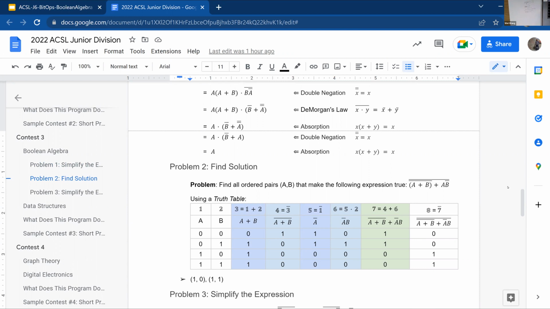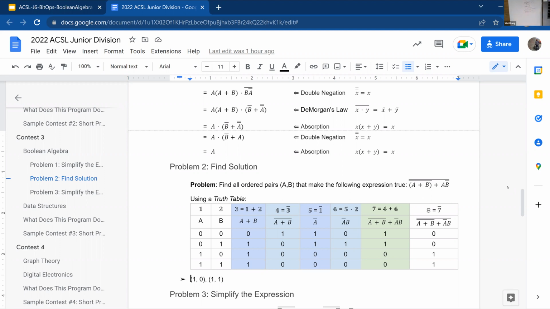With this expression, it's similar to what we did above, but the way to get the solution is to find all the ordered pairs A and B, the pairs of Boolean values, that make this thing true. Actually, if you do the simplification, you can also get that simplified to just A.